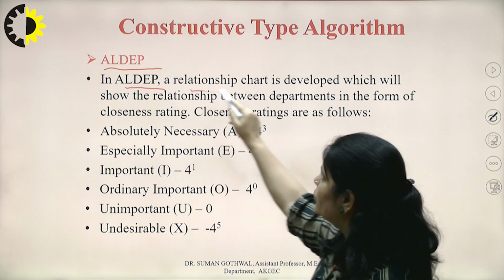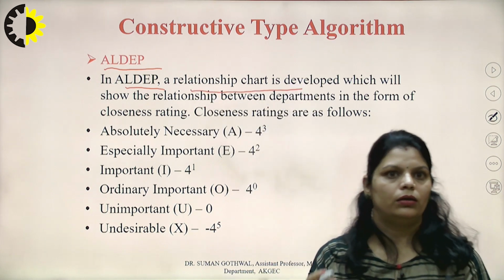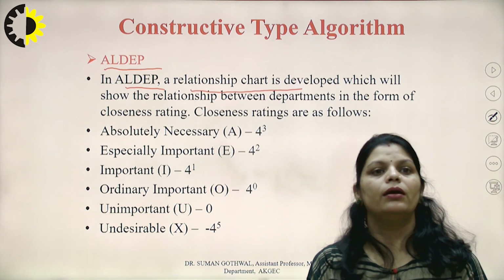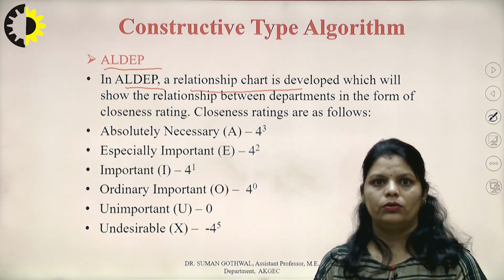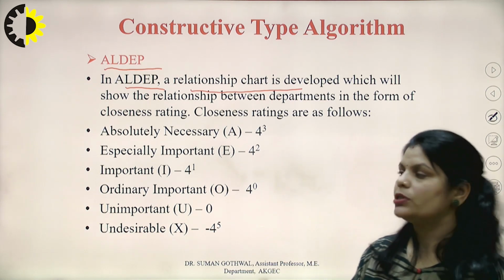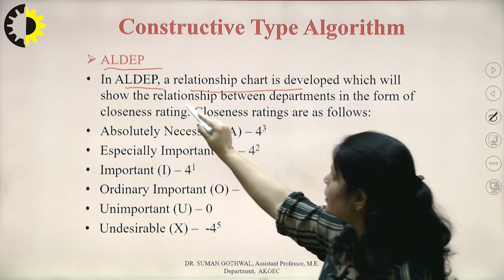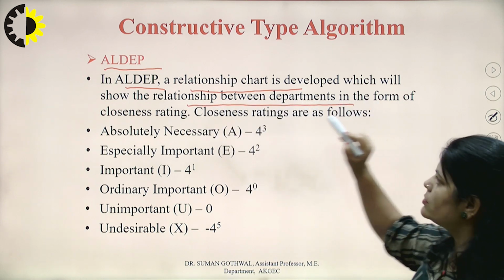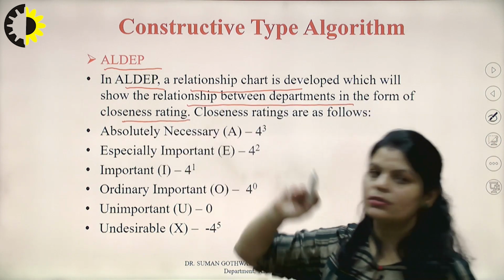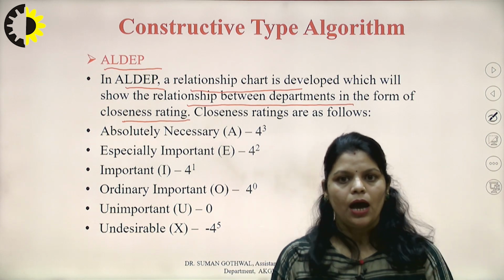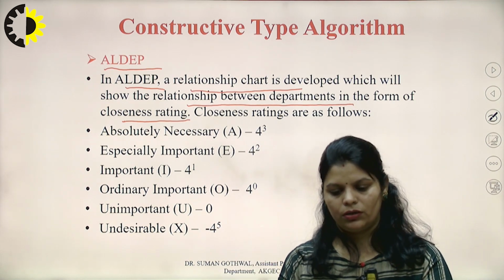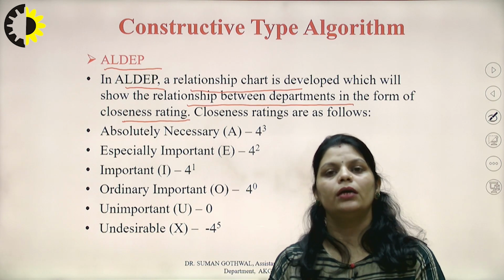Here we will develop a relationship chart, which shows the relationship between different departments in the form of closeness ratings, that is, how different departments are related with each other.